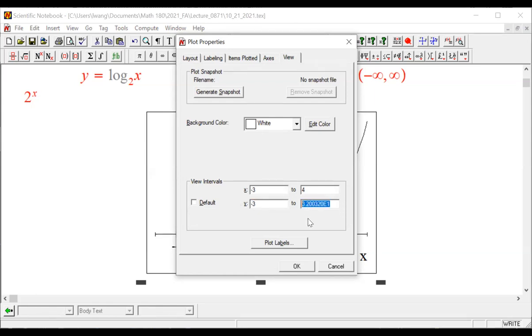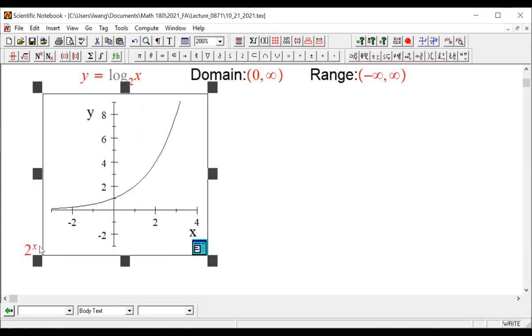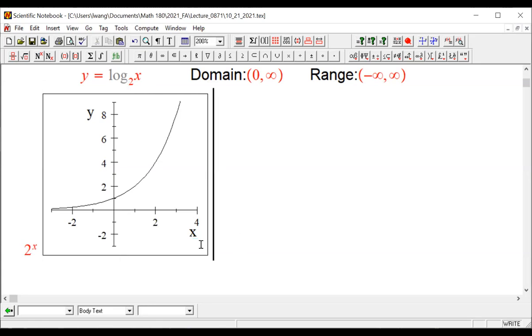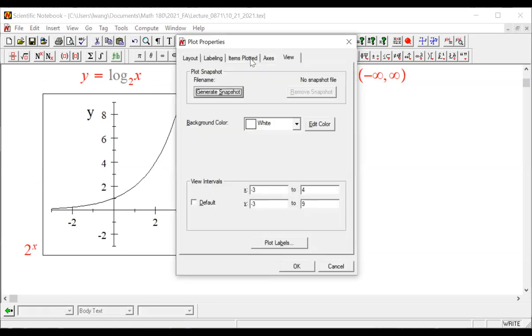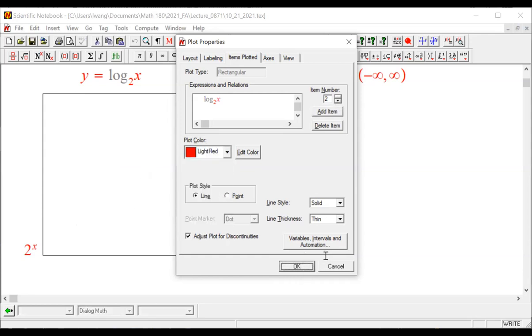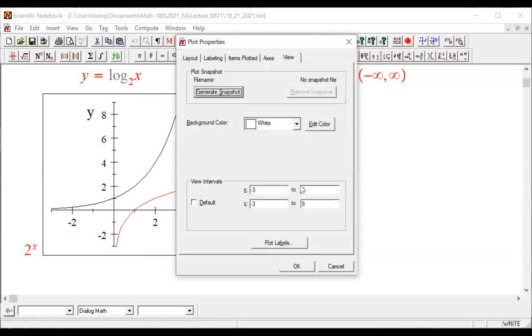And over here you have, let me put say maybe 9. Right, so that's domain and range, you see that, right? That's 2 to the power x. And its inverse, make it red. It's inverse, right? I can make it just a little bit wider.